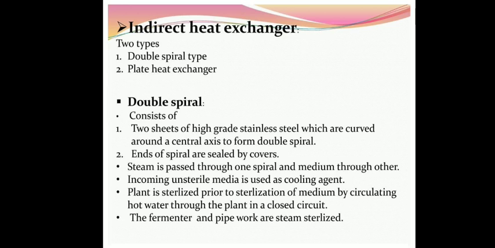See now as we have seen in the diagram, it consists of 2 sheets of stainless steel, and it is covered around the central axis which is double spiral, and ends of these spiral rings are sealed by the covers. Steam is passed through one spiral and the medium is passed through the other one.